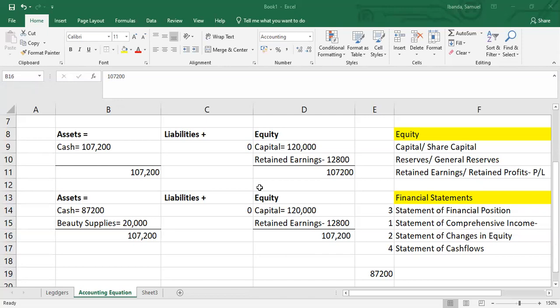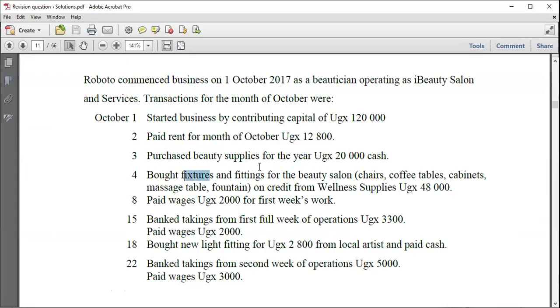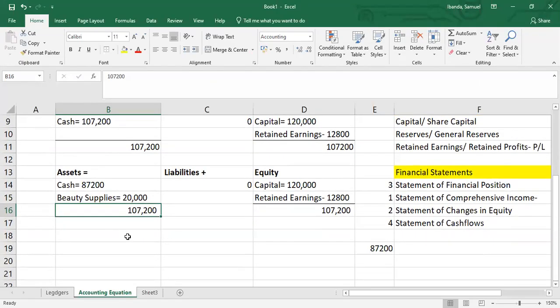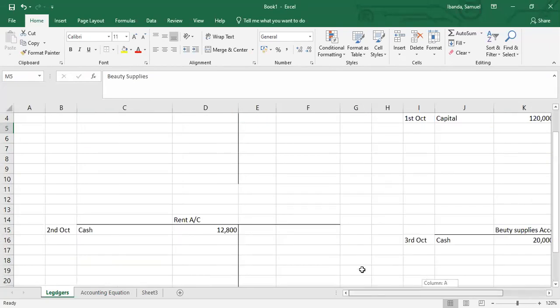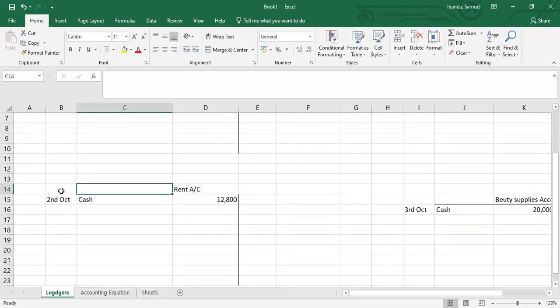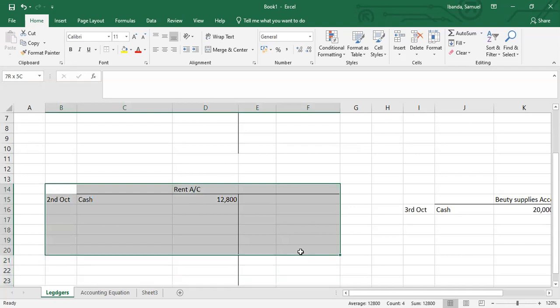So the next part of the question was saying we bought fixtures and fittings for the beauty salon on credit from who? From Wellness Supplies. Now, in this case, we'll have two accounts. We'll have the fixtures and fittings account. I'll just try to copy this.